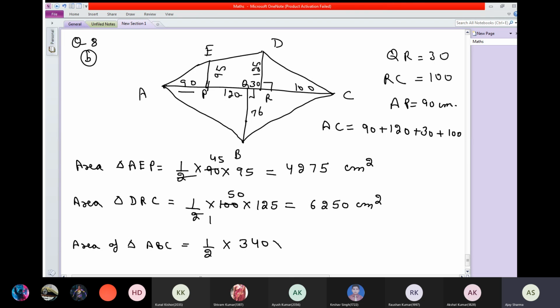Okay. 340 multiply by 76 centimeter. Then the 2 can cancel 1 and it will be 170. Now multiply these two.